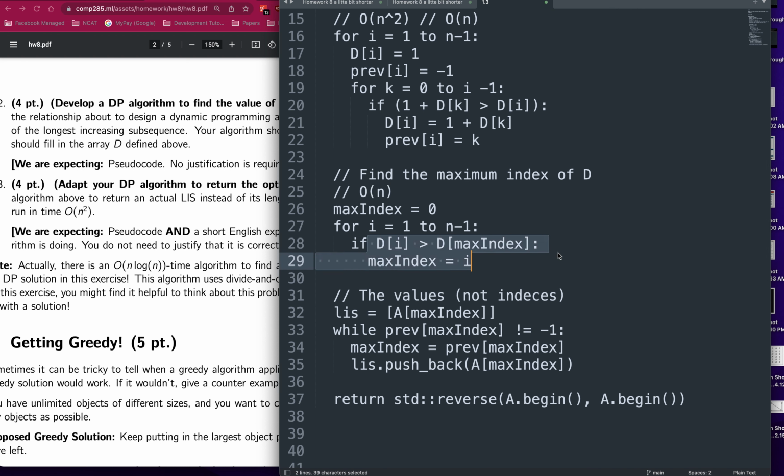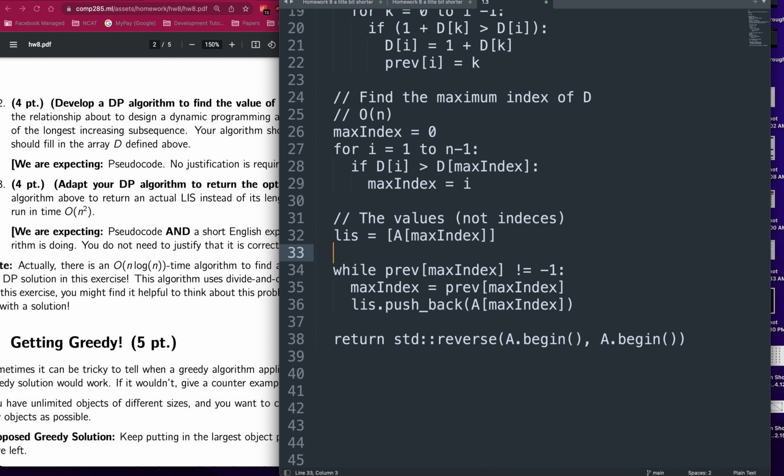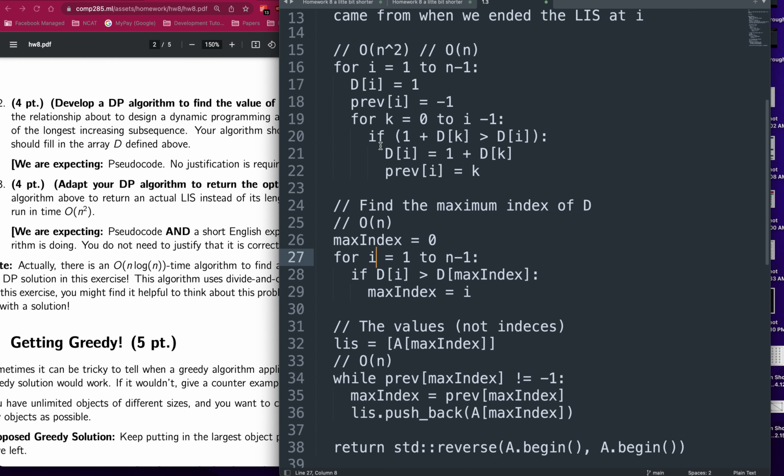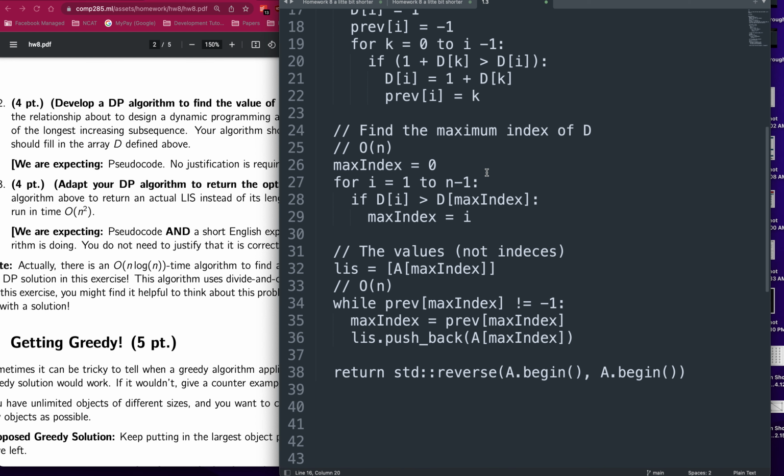We have one for loop. We're just comparing values. This while loop, you're always going back, back, back. So at most, you see every element. So this is also at most O of n before you get to a -1, right? Because there's nowhere else to go back to. So that means O of n, O of n. So the total running time is O of n squared. The total space is O of n, right?